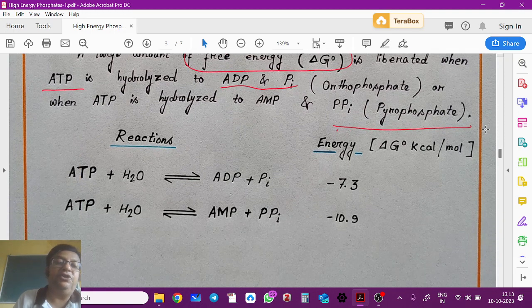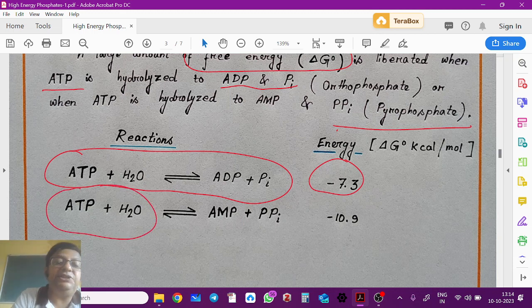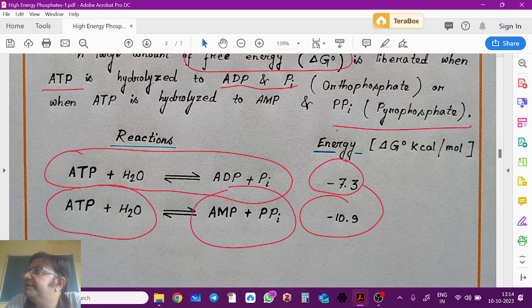Hydrolysis means water breaks it, so ATP plus H2O gives ADP plus Pi, and you have minus 7.3 released. Again, when ATP plus H2O is hydrolyzed in another way, as happens in beta oxidation, it releases almost like 2 ATPs, but not 2, something like minus 10.9 kilocalories per mole, released when it forms AMP plus PPi.